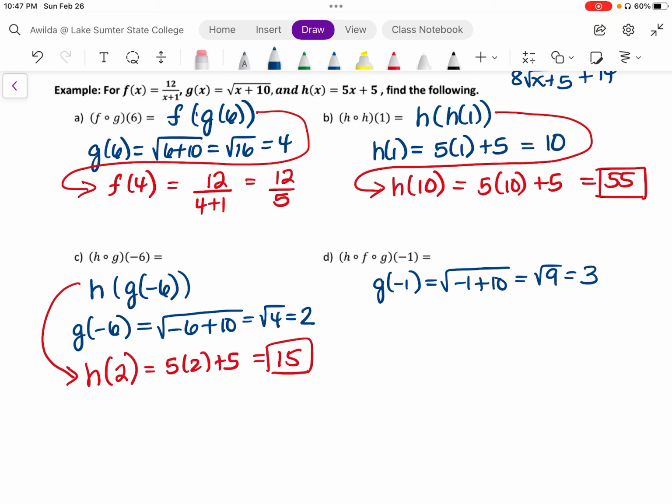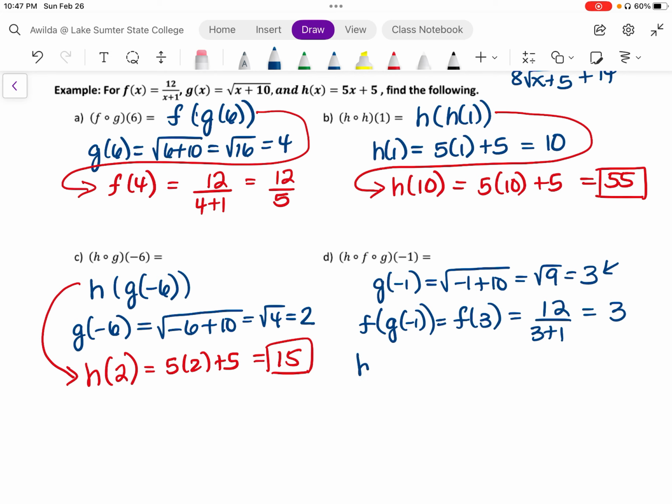Next, we're going to have f of g of negative 1. So that's f of 3, which is our previous result. And so f evaluated at 3 is 12 divided by 3 plus 1. 12 divided by 4, which is 3 again.